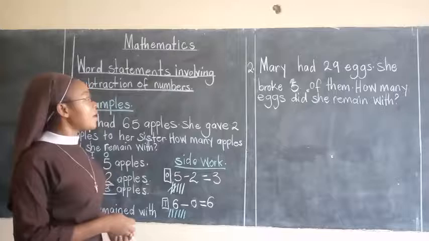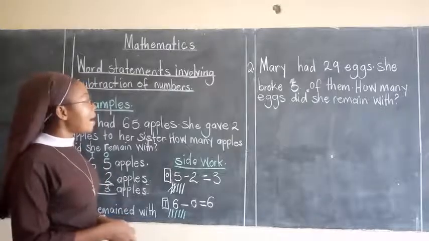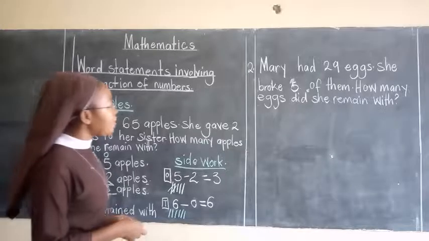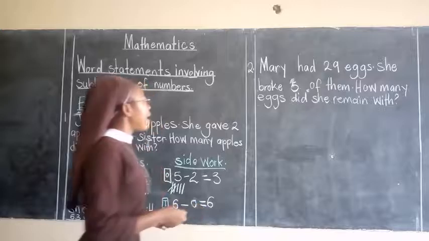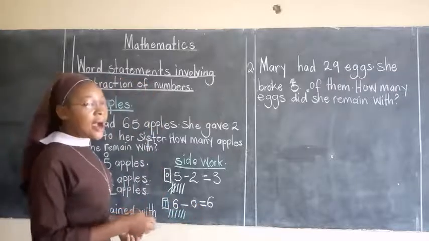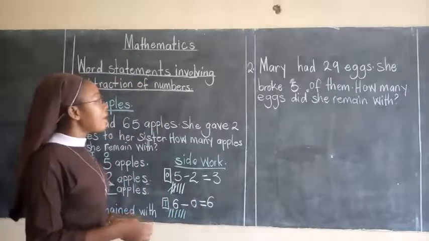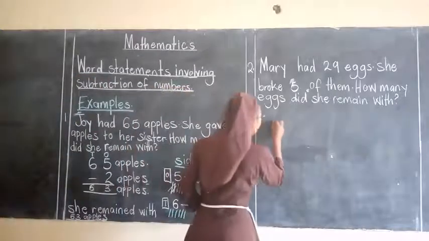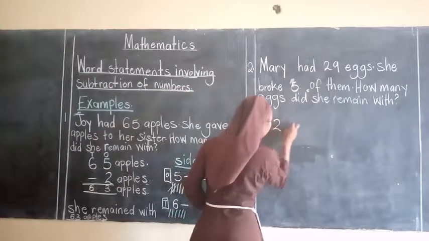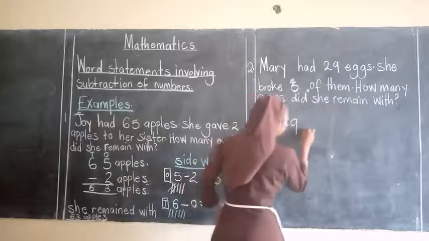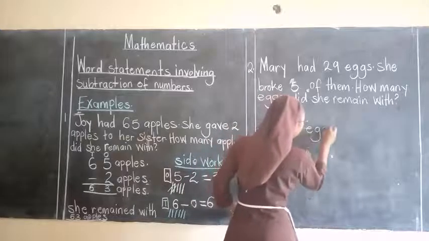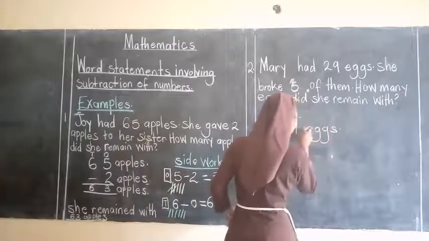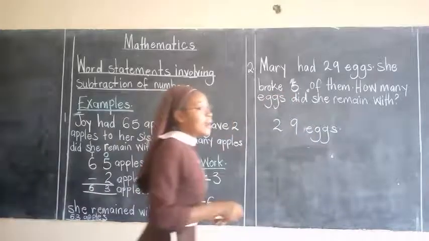What do we begin with? After we have read, we begin by identifying how many eggs Mary had. She had 29 eggs here. So we write 29 here. Do not forget to write the units. The units are the eggs.